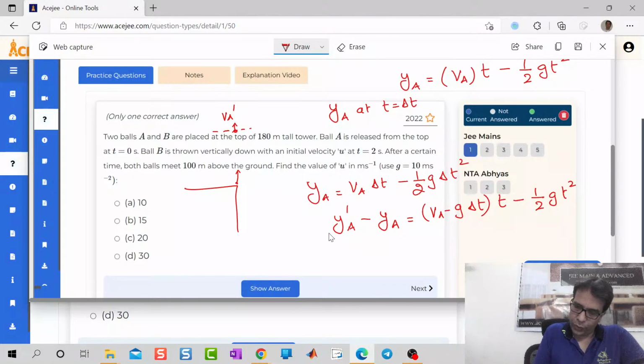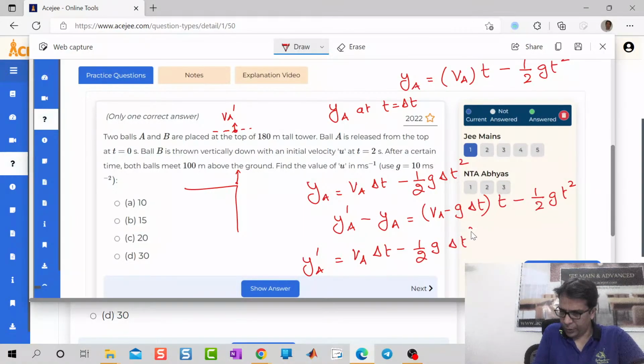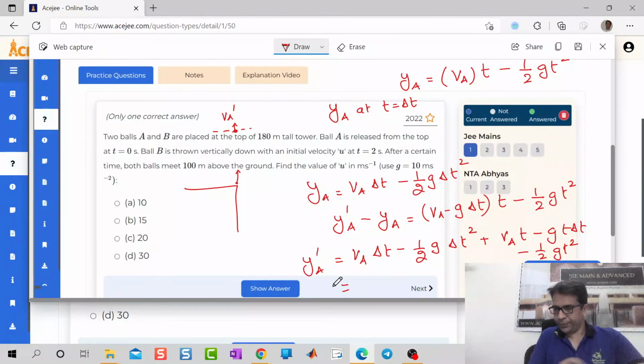So if you substitute, you will get YA dash equals YA, which is VA delta t minus half g delta t square, plus VA t minus g t delta t minus half g t square.